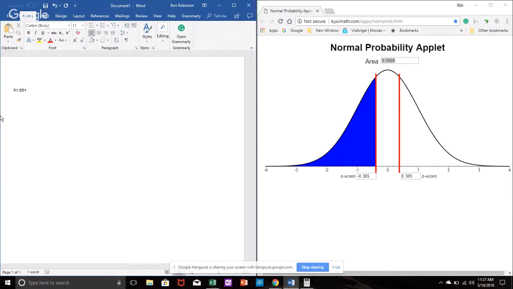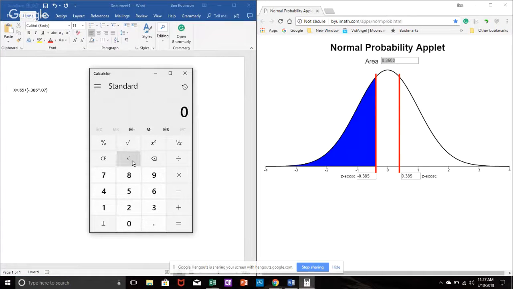Okay, you are typing there, right? No, I think that's absolutely right. Because its formula is minus 0.385 times 0.07. This is what you said, right? Yes.